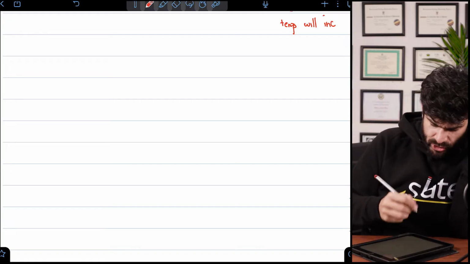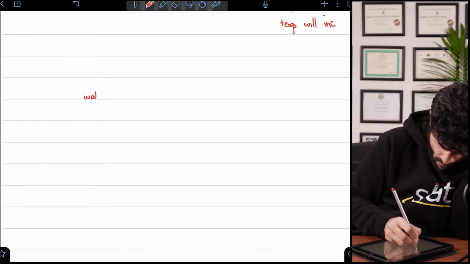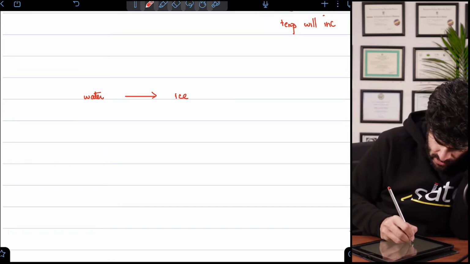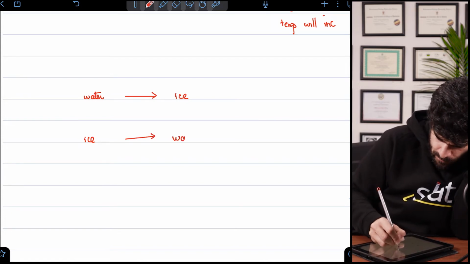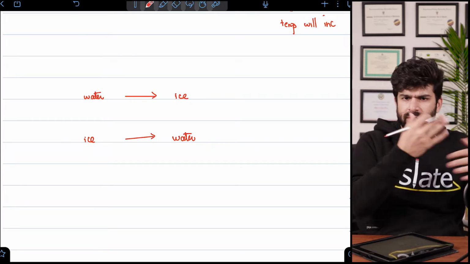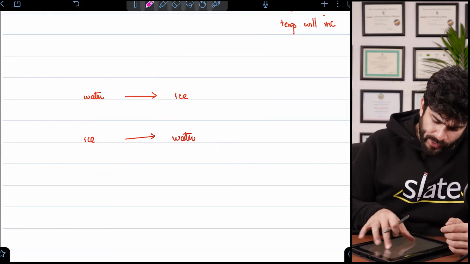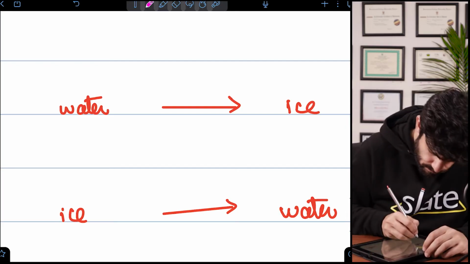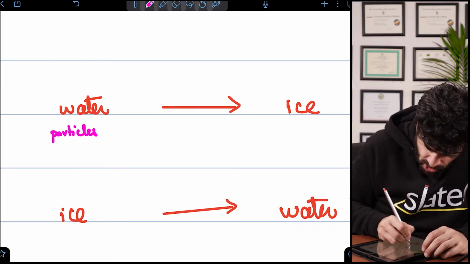Let's talk about two reactions very common in daily life. Water turning into ice and ice turning into water. Now, these are two different reactions. Obviously, it's the same reversible reaction. But what do we know about water? If we talk about the particles, particles are moving.